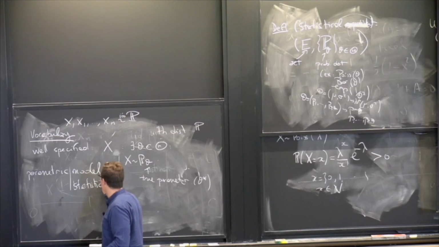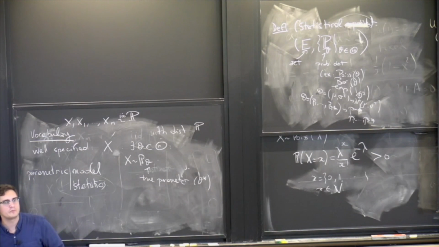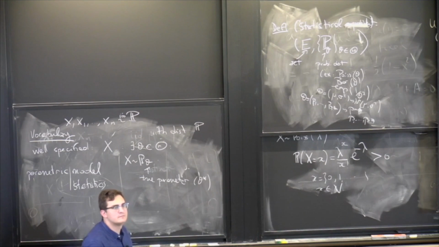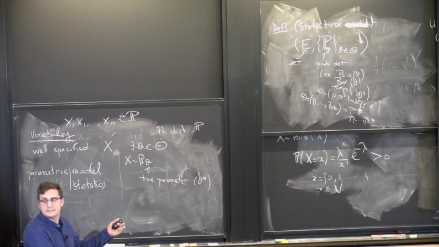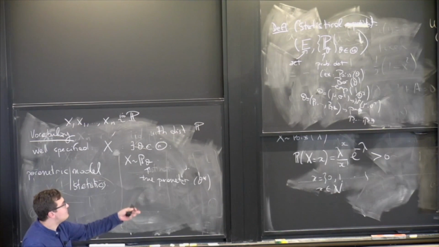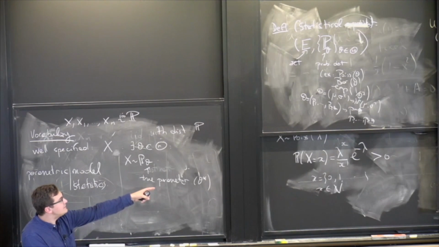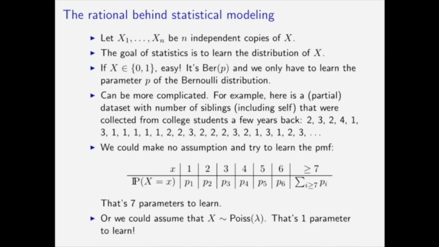Actually, we don't really talk about parametric statistics, but we talk a lot about non-parametric statistics, or a non-parametric model. Can somebody think of a model which is non-parametric? For example, in the siblings example, if I did not cap the number of siblings at 7, but let this list go to infinity, I would have an infinite number of parameters to estimate.